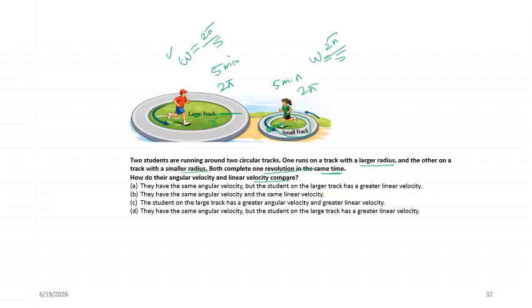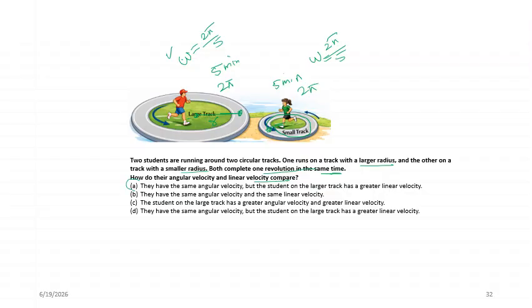Now, the boy is running on the bigger track. Obviously, he has to be faster to complete one revolution in the same time. So which option could it be? They have the same angular velocity, but the student on the larger track has a greater linear velocity.